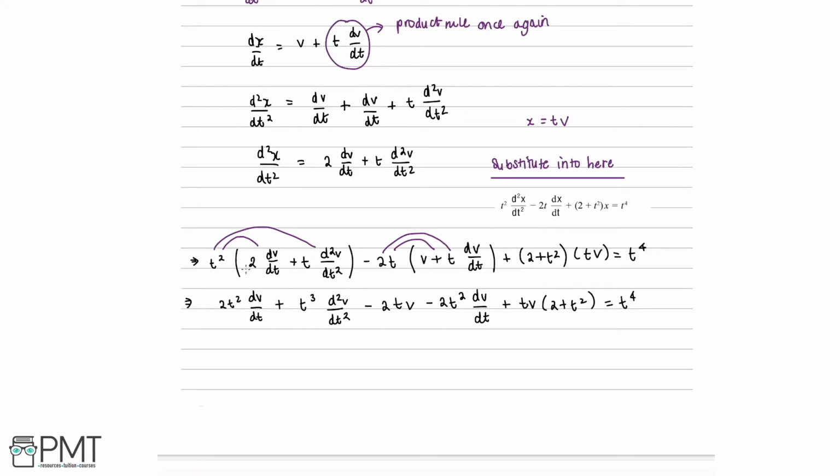Now you have a 2t squared multiplied by dv by dt and a minus 2t squared multiplied by dv by dt, so we can cancel these out.